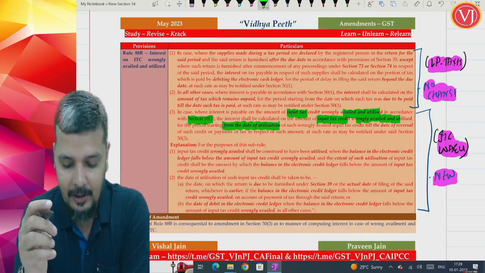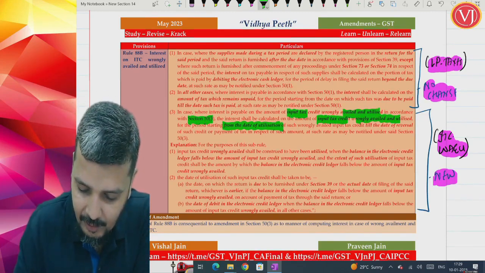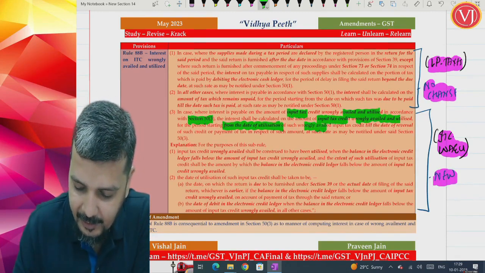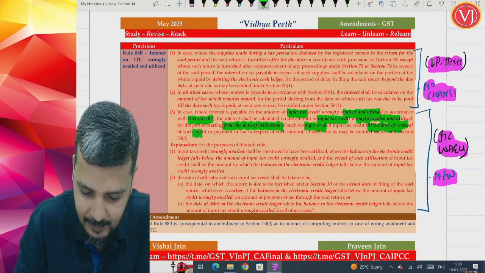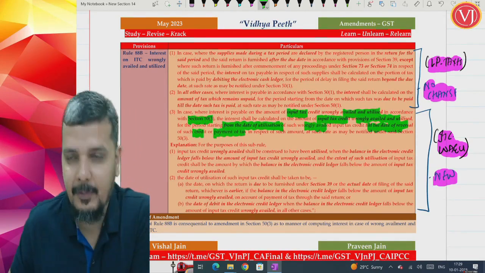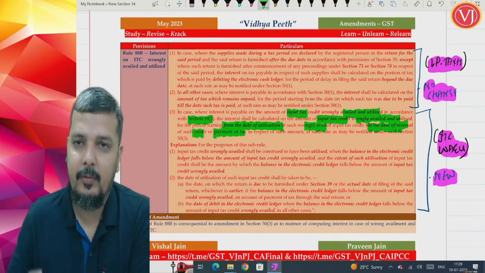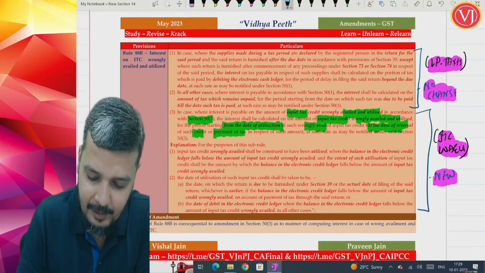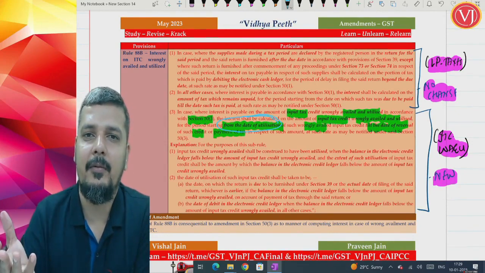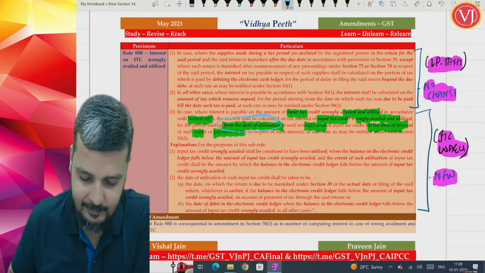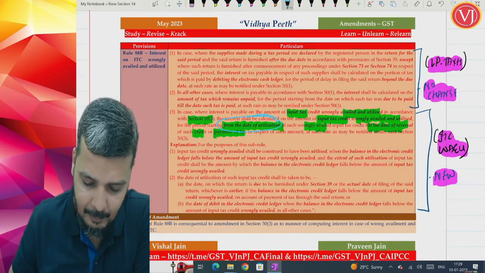Interest will start from the date of utilization of such wrongly availed input tax credit till you are making the reversal of the credit or paying the tax in respect of such reversal. So the important point is interest will start from the date of utilization. Till date is very clear, till the date you reverse it or you pay the tax. From date is important.